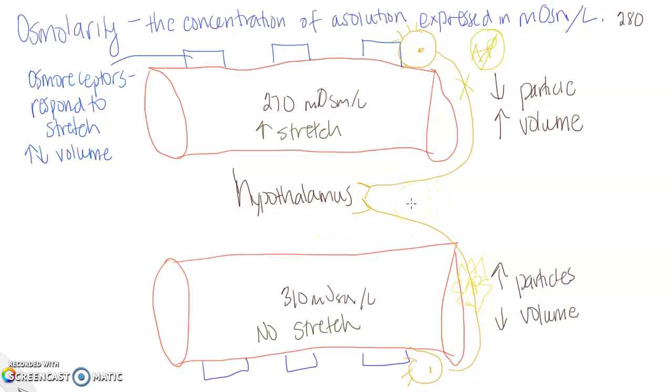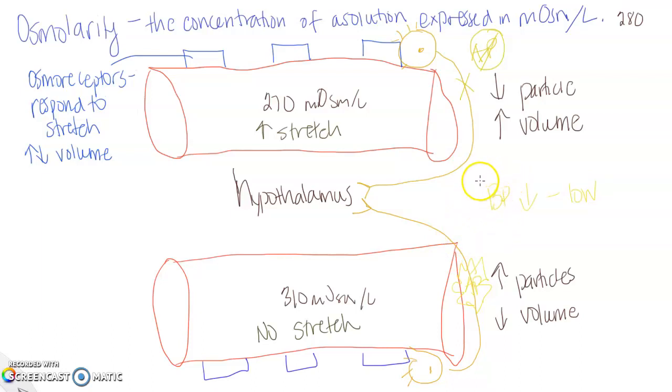And an action potential to the hypothalamus is going to mean that osmolarity is higher. There's no stretch there, so that means blood pressure is low. Okay. So we're low volume, low pressure here.